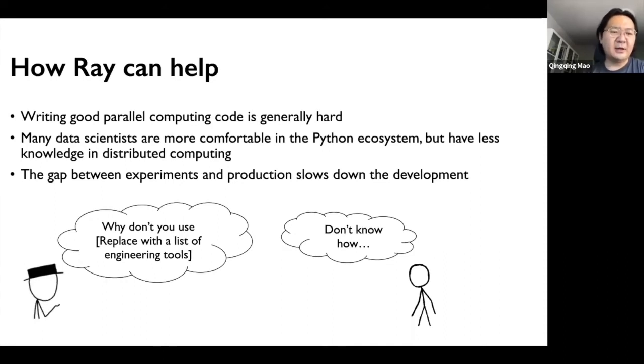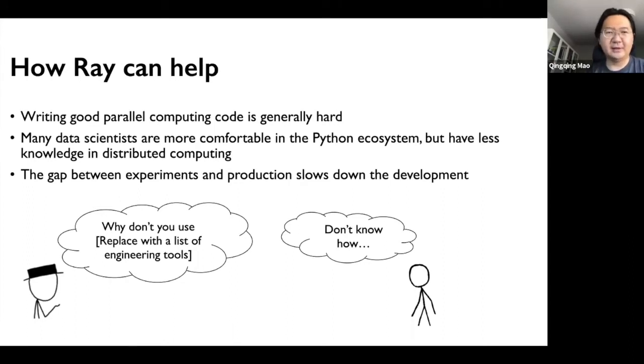But on the other hand, if you think about junior data scientists or data scientists from more of a science background, like physics, math, chemistry, bio, they're generally more comfortable in the Python ecosystem, and they know how to do these tasks, and they have a good understanding of the algorithm. But they do have less knowledge in distributed computing, right? A lot of times, if you go to the engineers, they ask, why don't you just use these kinds of tools?